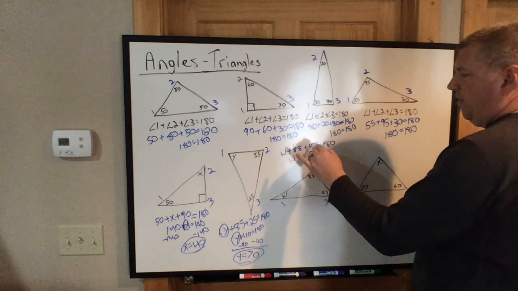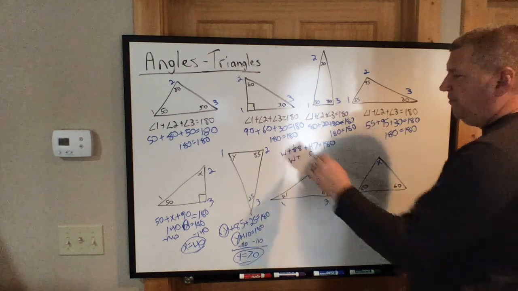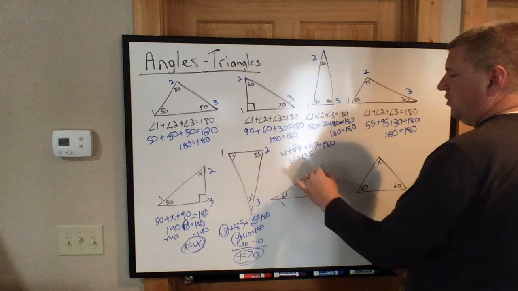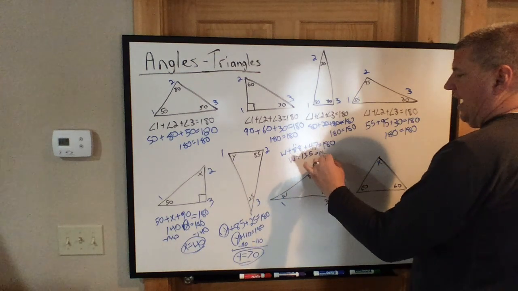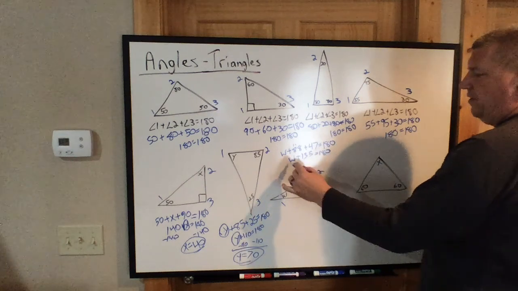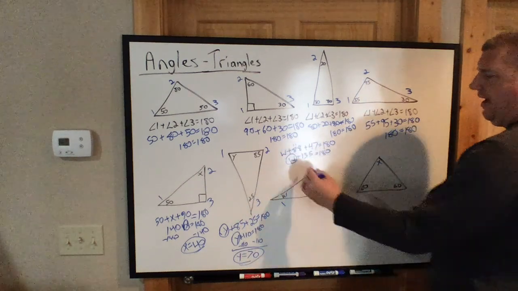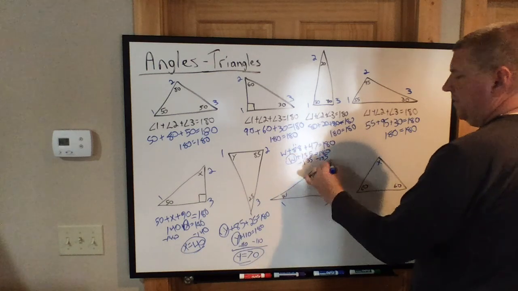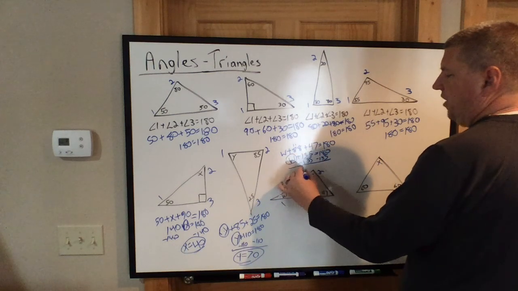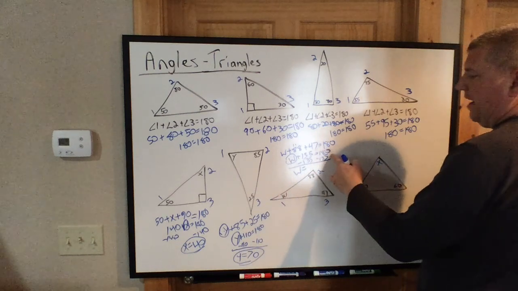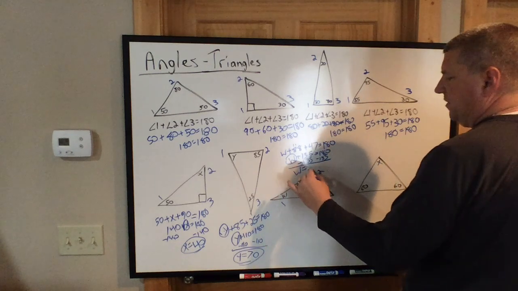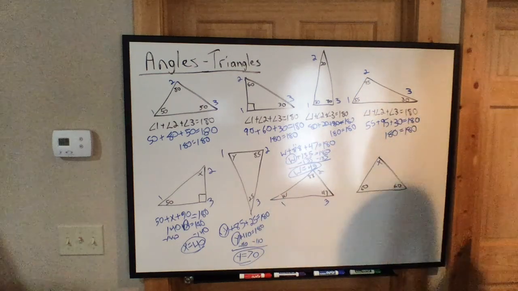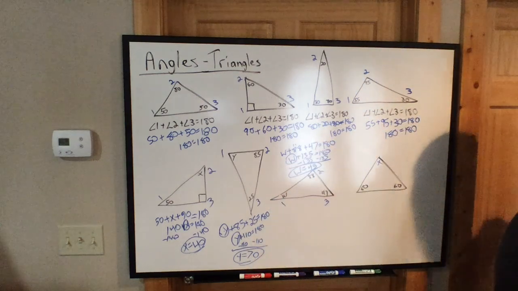Carry the 1. 4 plus 8 gives me 12, plus the one that I carried was 13. So it's 135 equals 180. There's the variable I want to solve for. I have to subtract the 135 from both sides. That gives me a grand total of W equals 180 minus 135, which gives me 45 degrees for the grand total of that angle.